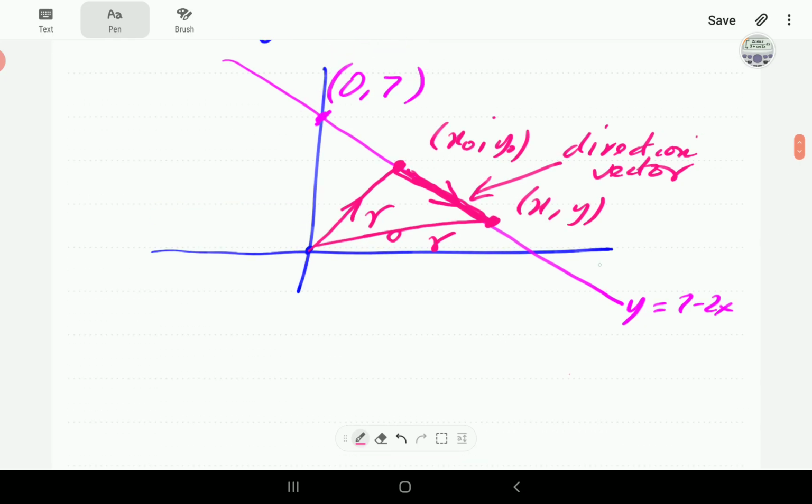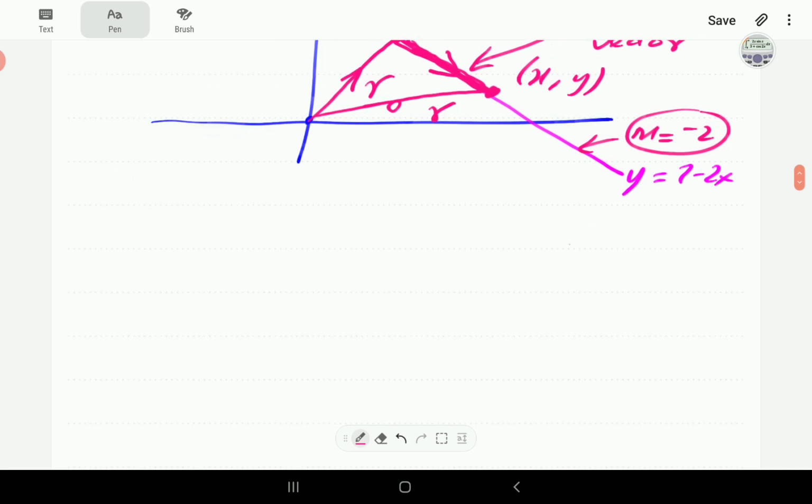The gradient of this line, m, is equal to -2. From that we formulate the direction vector, because m equals -2 says a horizontal displacement of 1 results in a vertical displacement of minus 2. That's the meaning of gradient negative 2.